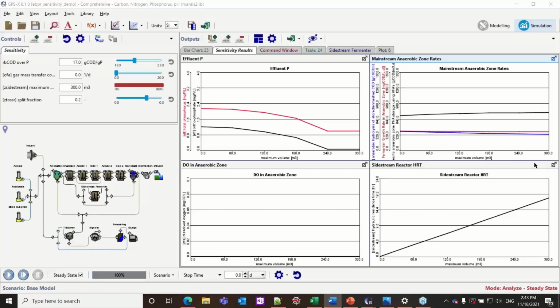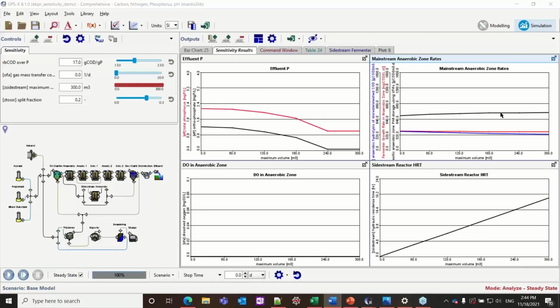This is because some of those processes are now actually happening in the side stream reactor, so there's not as much of an onus on the anaerobic zone to play that role. We also see a slight increase in the PHA storage using VFAs. This is basically just because the side stream reactor has some fermentation happening in it and is producing substrate for PHA storage.